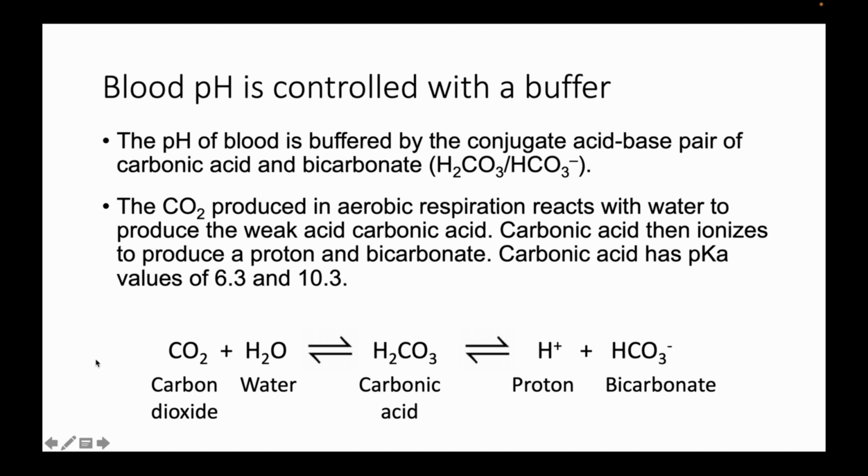So when you breathe, you're producing carbon dioxide. That is going to have some small interactions with water to produce carbonic acid here. So you're already producing carbonic acid because you have CO2 around. Carbonic acid then ionizes to produce a proton and bicarbonate. And carbonic acid has two pKa values of 6.3 and 10.3. So the first one, 6.3, is going to do a good job buffering your blood pH, keeping it close to physiological conditions.